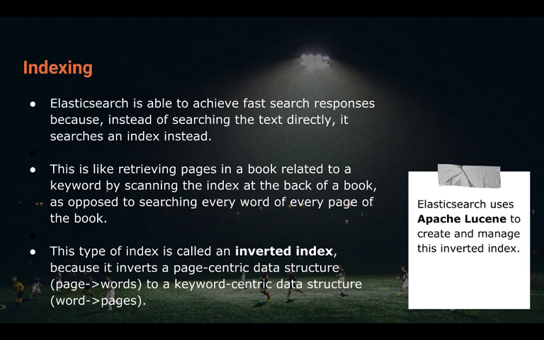This type of index is called an inverted index because it inverts a page-centric data structure, page to words, to a keyword-centric data structure, words to pages. Elasticsearch uses Apache Lucene to create and manage this inverted index.